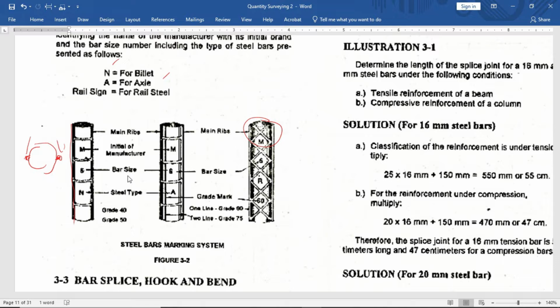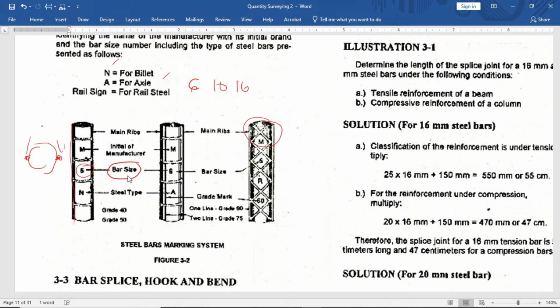So, ito, bar size, nakalagay dyan, either 6, 10, 16. Ngayon 6 nakalagay dito, ibig sabihin 6 mm lang yung bar size ng bakal natin. So, kung 10 nakalagay dyan, so 10 mm.